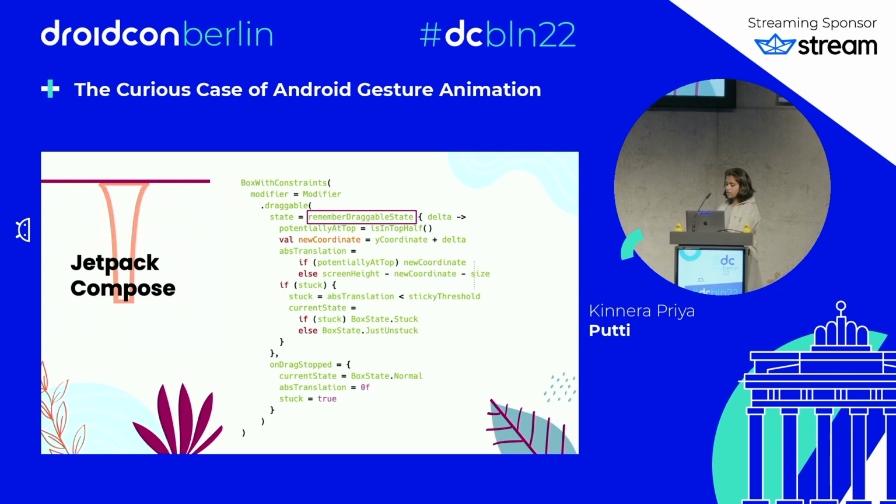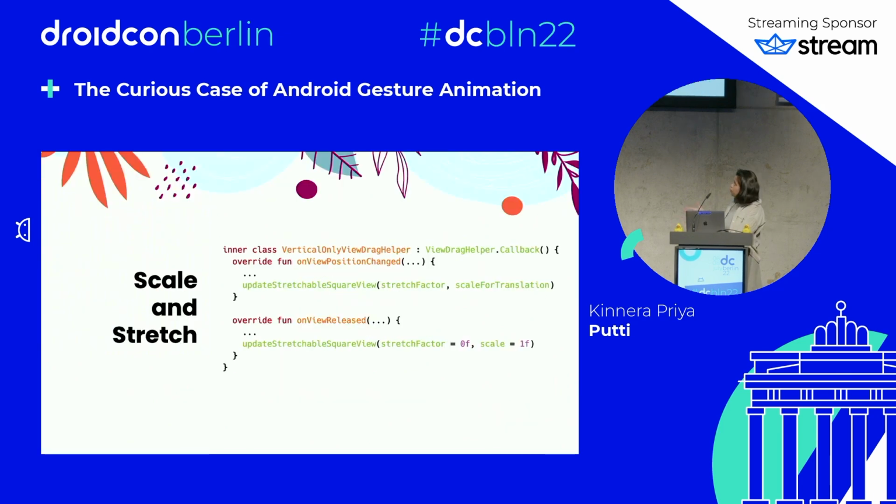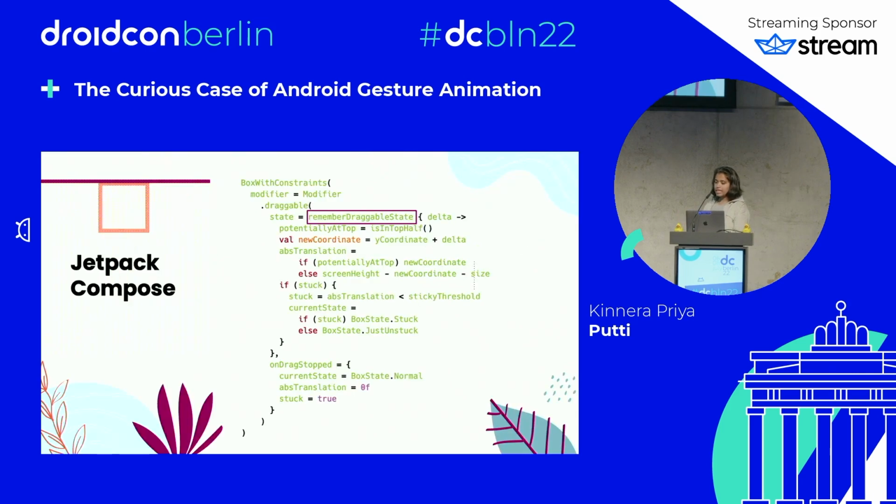What we have here that is similar to onViewPositionChanged and onViewReleased is the callbacks for onDragStarted and onDragStopped. So this is a part of the rememberDraggableState, and just as simple. More concise, but really the same. We're defining the absolute translation, we're defining the stretch factor, and we're updating the square just the same.